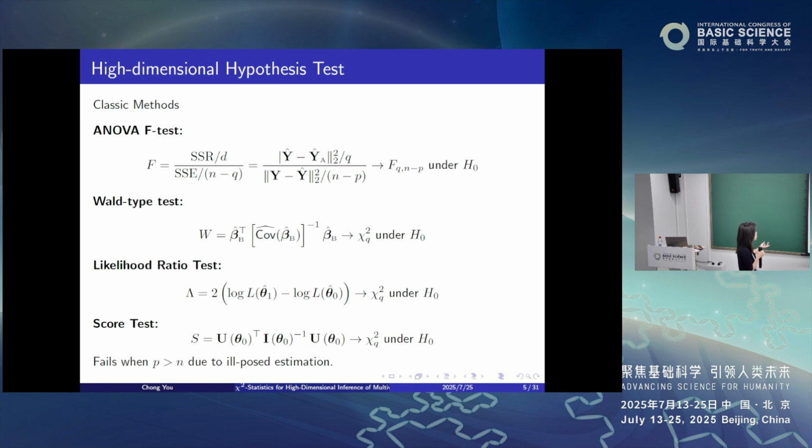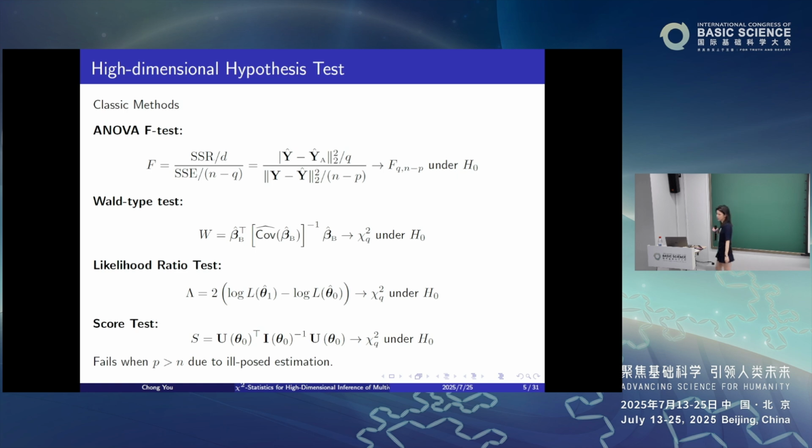The score function also has the asymptotic normality property. All those three methods are asymptotically equivalent to each other. They approach a chi-square distribution with Q degrees of freedom, where Q is the dimension of beta B.